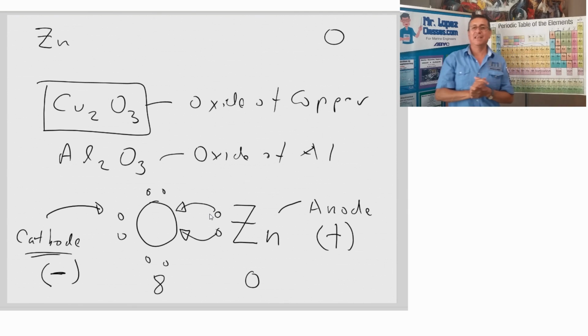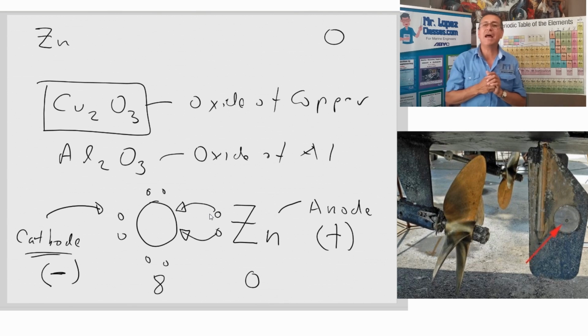Now I understand why, if I have a rudder in my boat, what is the material of the rudder? You remember? It's a copper alloy. Normally it's bronze, or naval bronze, or nibral.